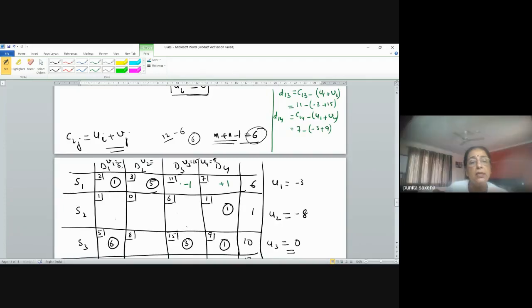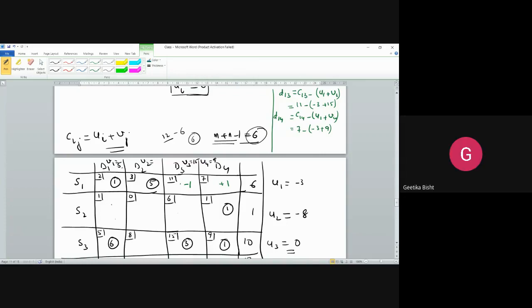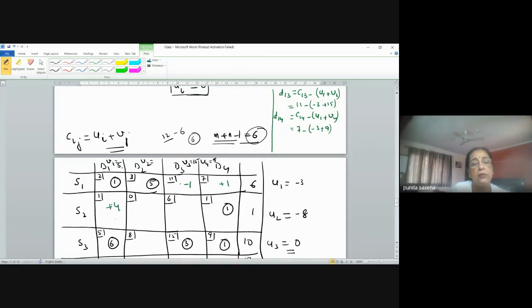Plus 1. ठीक है. अब इसी तरह से D21 कितना आएगा? 4 plus 4 है ना.